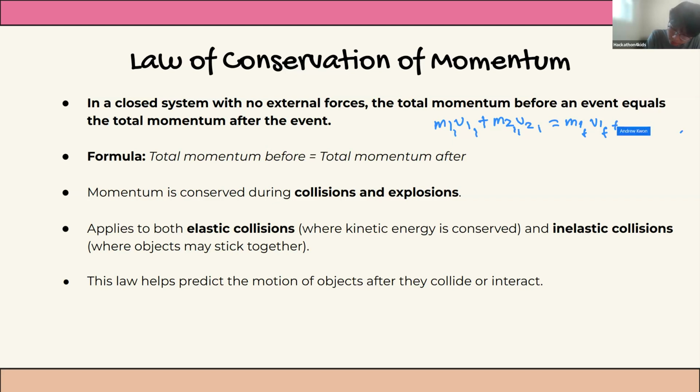The mass doesn't ever change. It's only the velocity that's changing, okay? So this is I, and that's F. So it'll be m1 v1 plus m2 v2 equals m1 v1 F plus m2 v2 F.